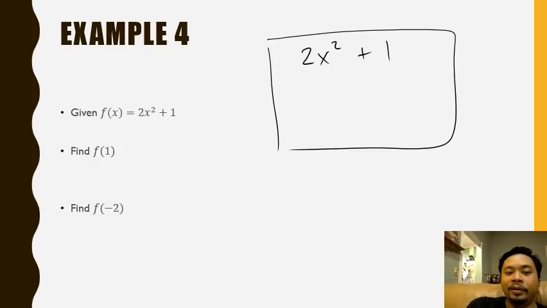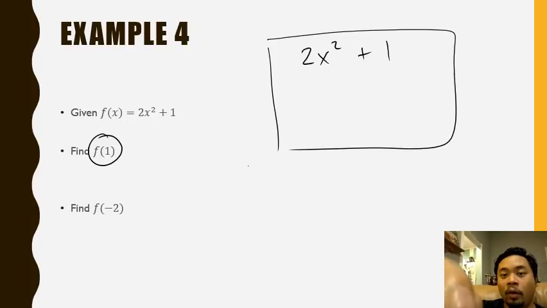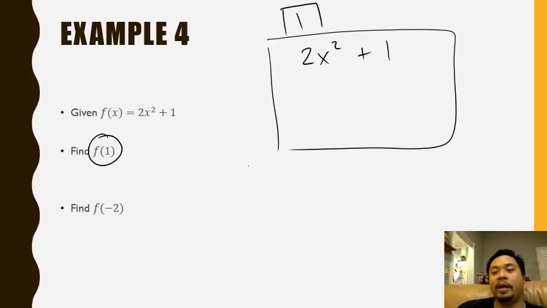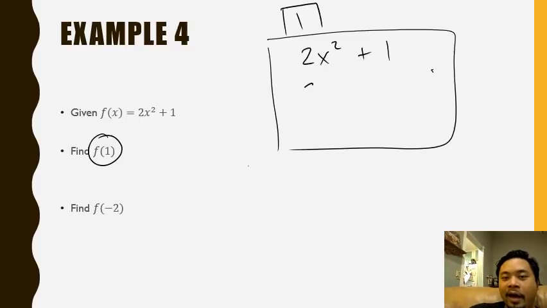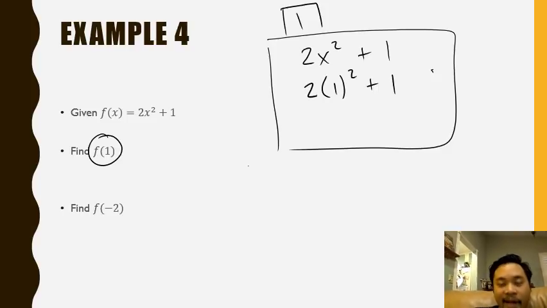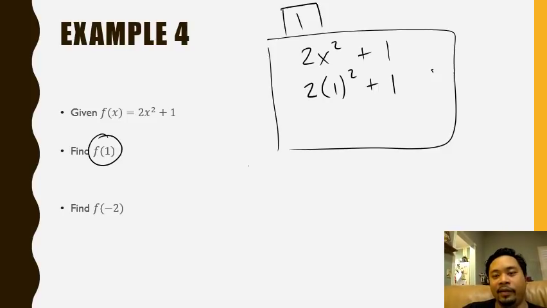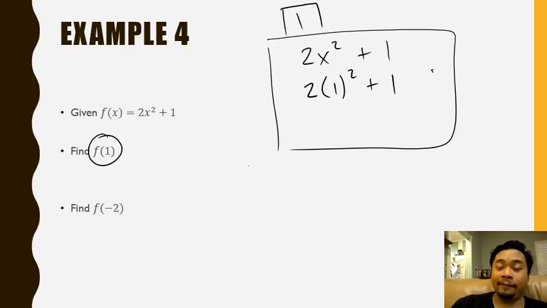So my first input that I'm looking at is plugging in 1 here. So now my input is 1. So if I plug in 1 to this function machine, everywhere that I see an x, I'm going to replace with a 1. Now this is where order of operations comes in handy. So I don't see any parentheses except for the one that's attached to the exponent. And I know for a fact that exponents come first in this thing before multiplication.